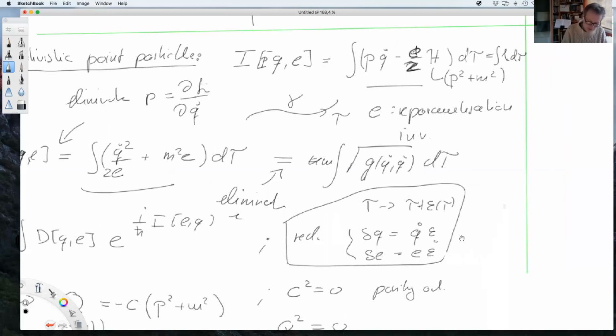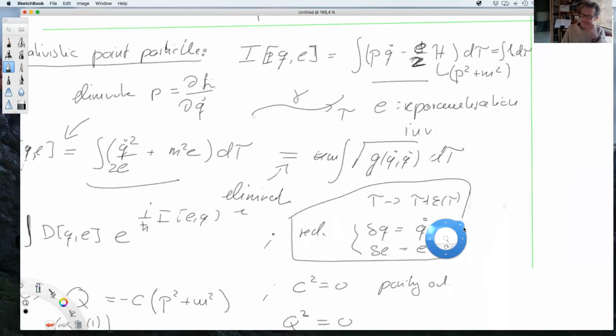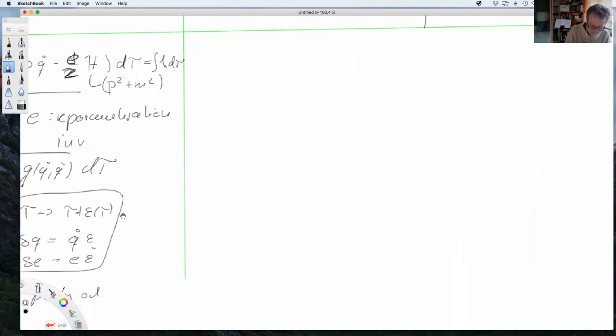So instead what I'm going to do is generalize it a little bit. Let me assume this point particle has not just a reparameterization invariance, but a super reparameterization invariance. So there is some supersymmetry in this theory. It's a worldline supersymmetry. Let me write down an action and then discuss it.